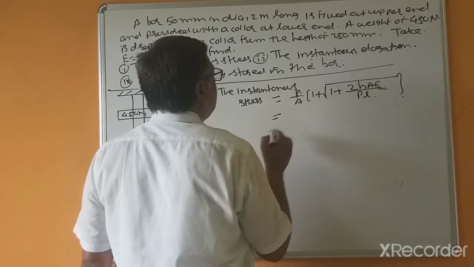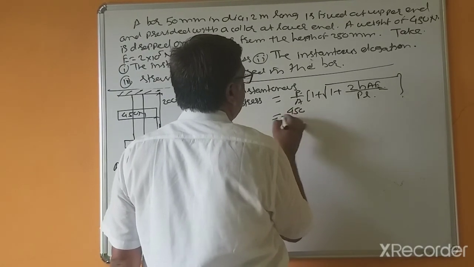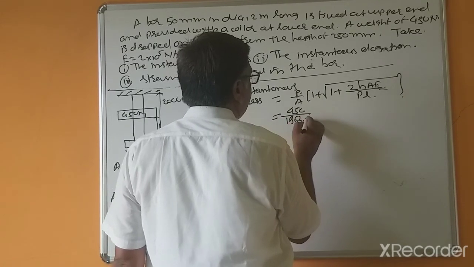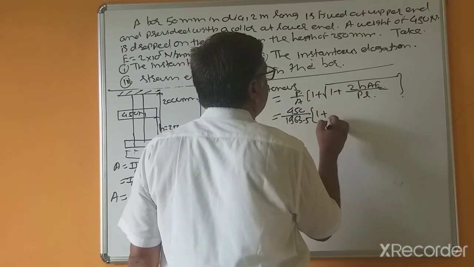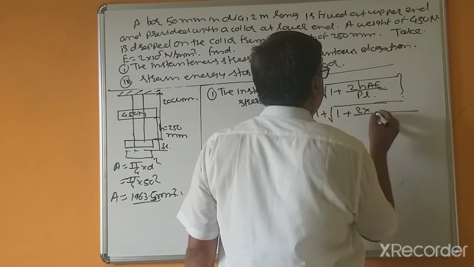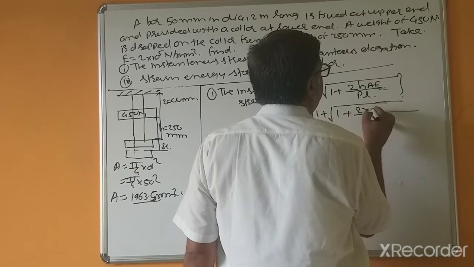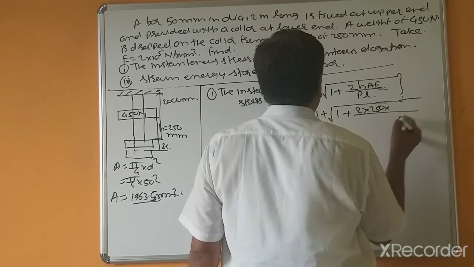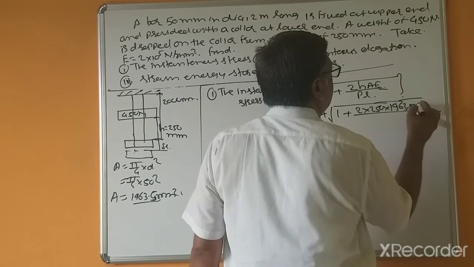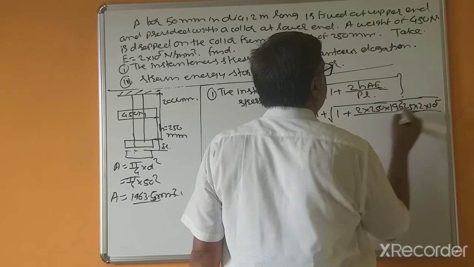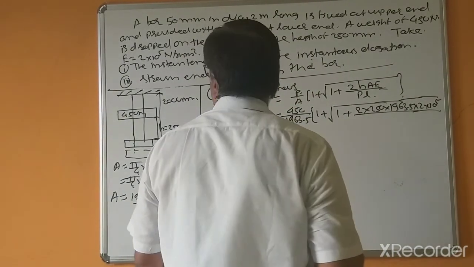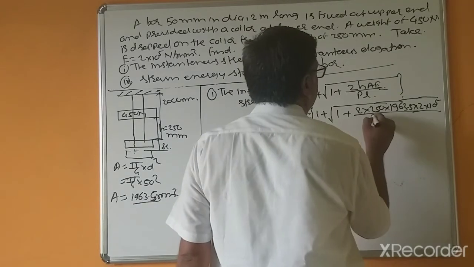So P equal to 450 newtons, area 1963.5, in bracket 1 plus, this height 250, area 1963.5, 2 into 10 to the power 5, weight.